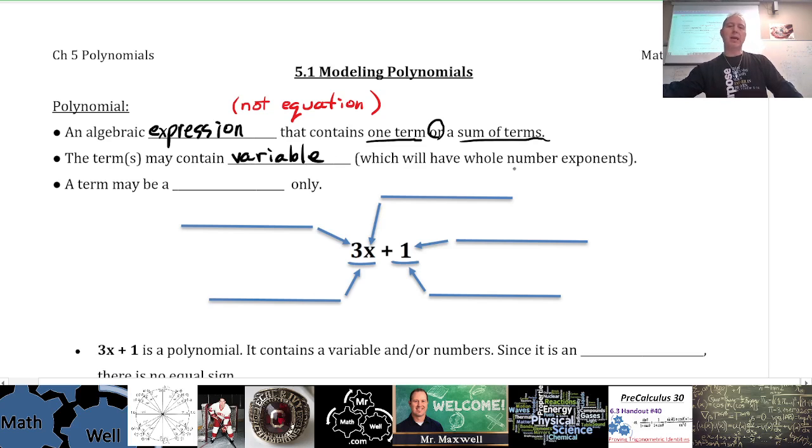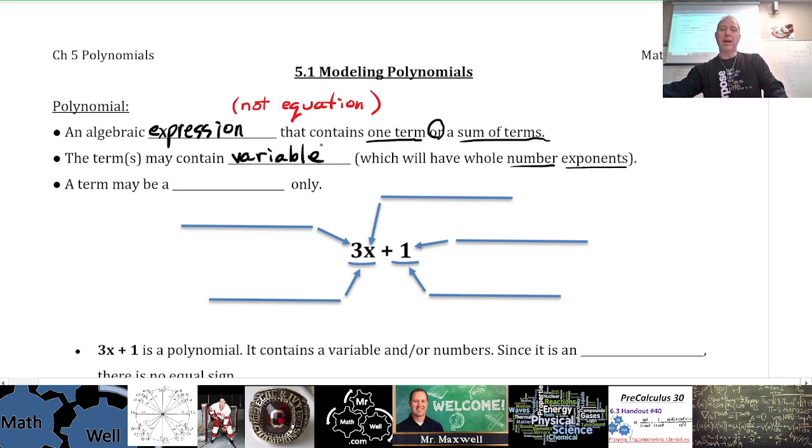These variables may have exponents, okay? You know what the exponent is? It's the little number that goes on the upper right corner, like a 2, x squared. The 2 is an exponent, and we'll talk more about that later too. So it's an algebraic expression, a collection of terms. It's not an equation, it's just an expression, and it'll contain a variable of some sort, most likely.